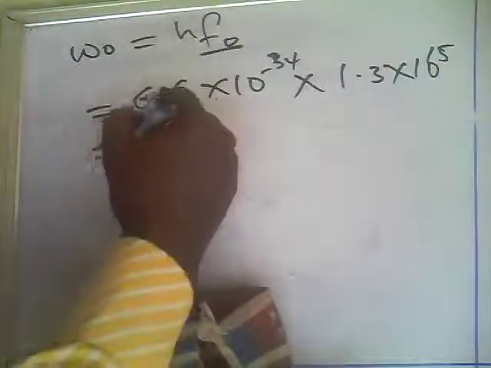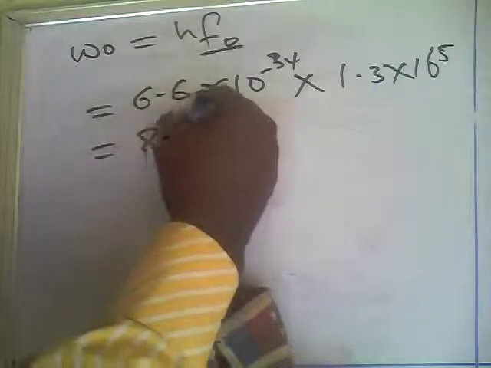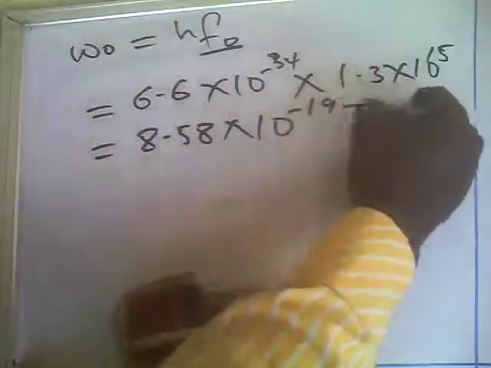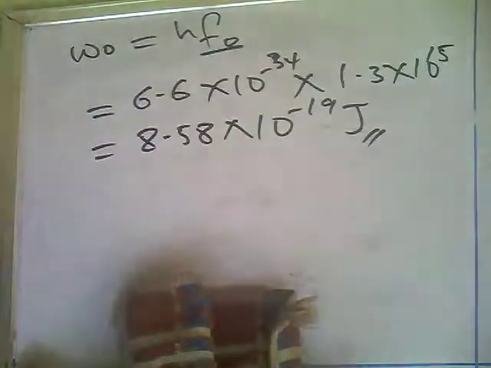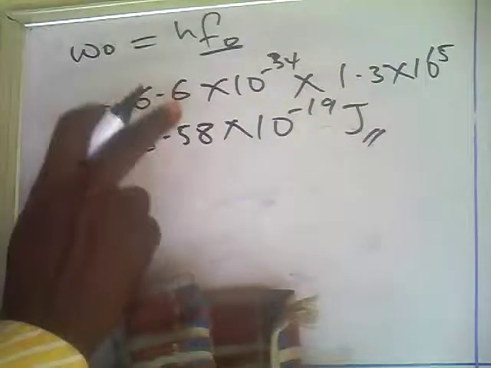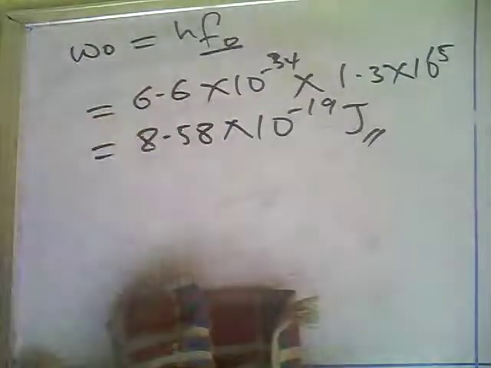So we have 8.58 times 10 to the power minus 19 joule. That is the work function of the metal, the minimum energy required for the electron to be liberated from that metal.